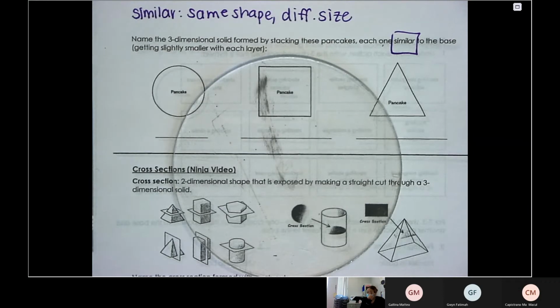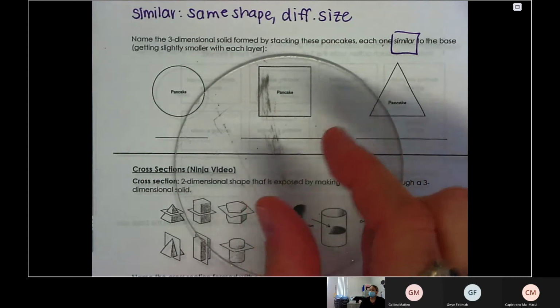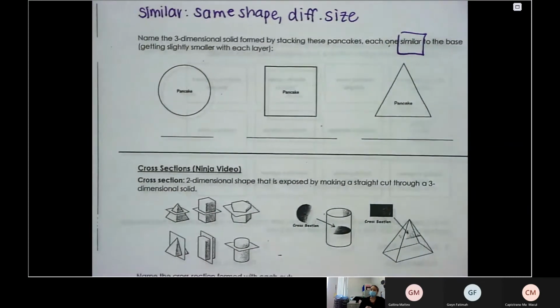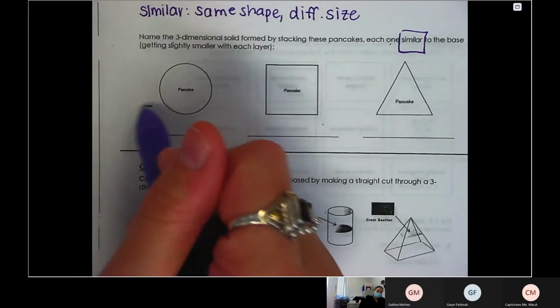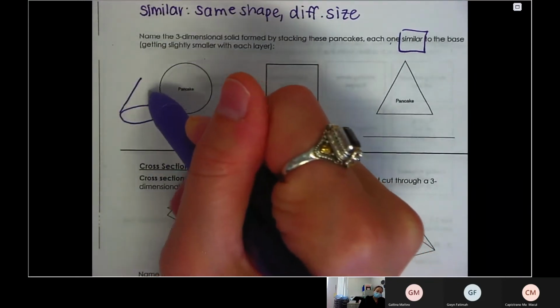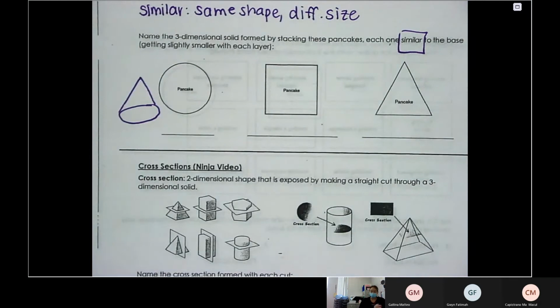It comes to one point up at the top. So what shape gives me a circle at the bottom where they continue to go up until they reach a point? A cone. Very good.